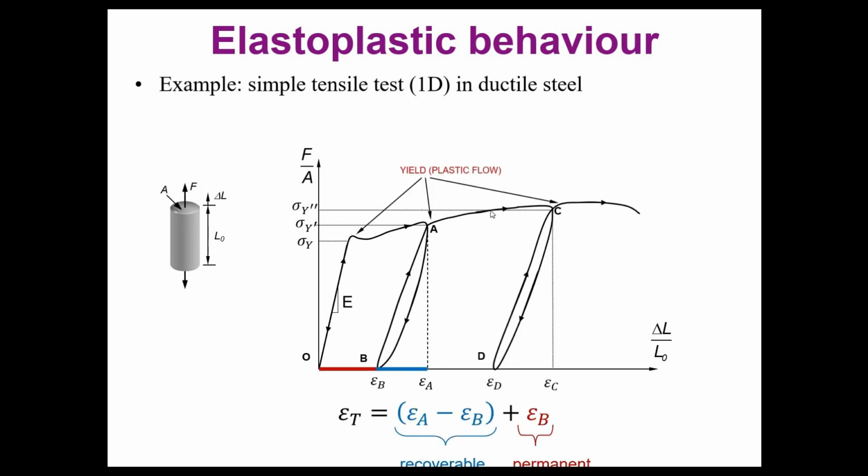If we continue loading the bar, we reach, for example, another point C, and you can do this at any stage. If you unload and reload, you will have the same sort of behavior as before, creating a new elastic regime that is bigger than the previous one, because in this case we say that the material is presenting hardening.